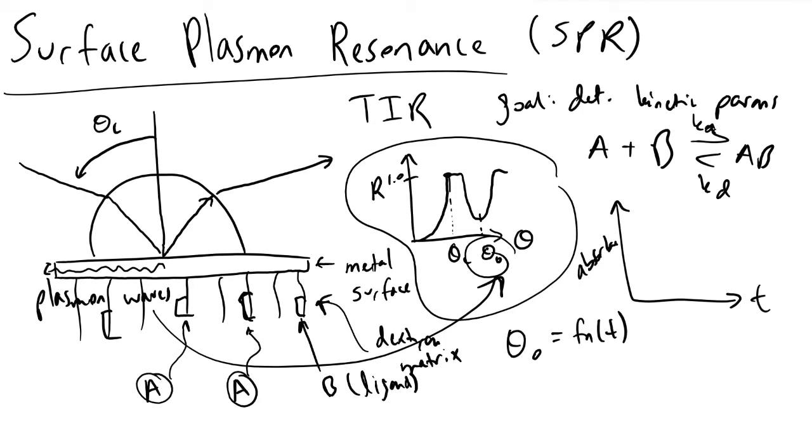At some given concentration Ca, we will note how as A binds to B, the ligands, the absorbance value is increasing. It's altering the electrons' interactions on the metal surface with the incident light rays, which is resulting in greater absorbance.